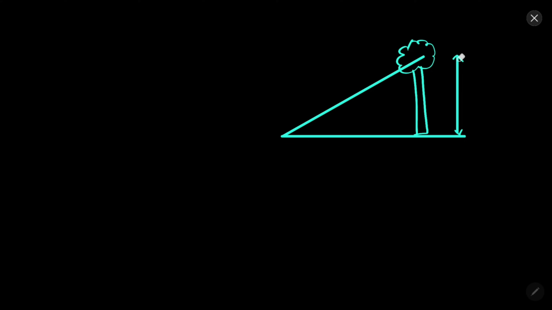And you're observing from here, so the angle here is theta. So this is the distance, this is the height. Let's say this is A and B.